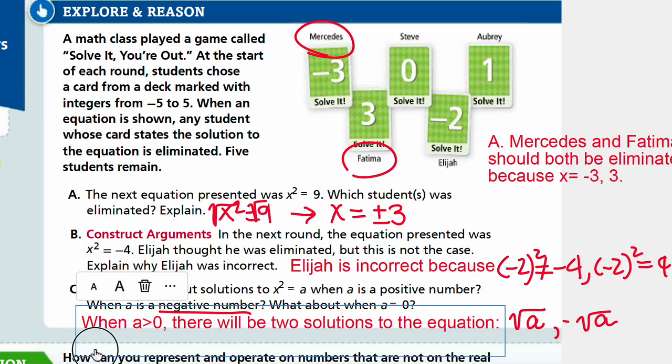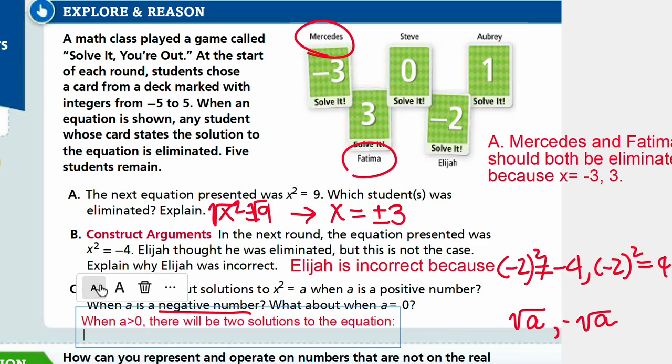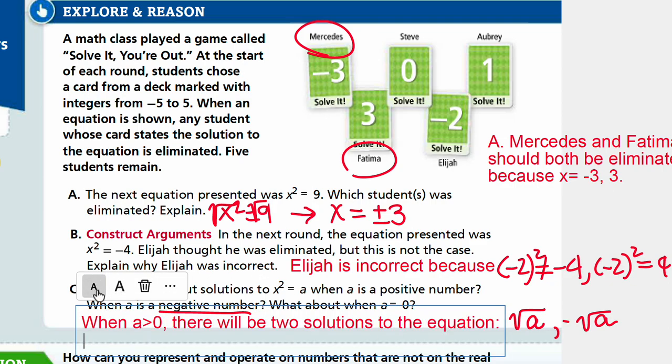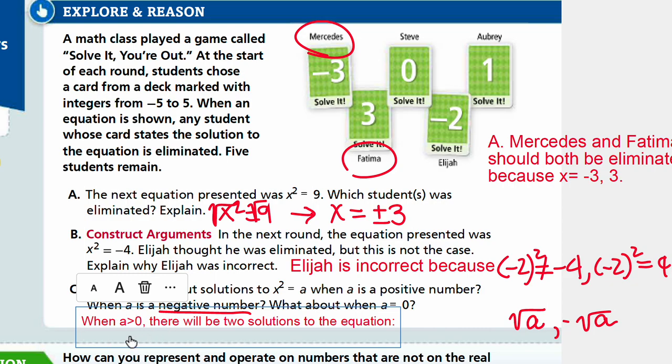And when a is less than 0, there are no real number solutions.